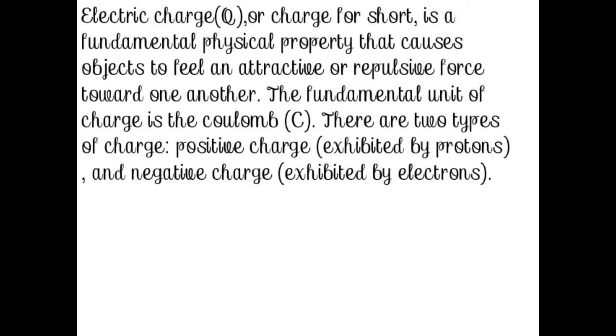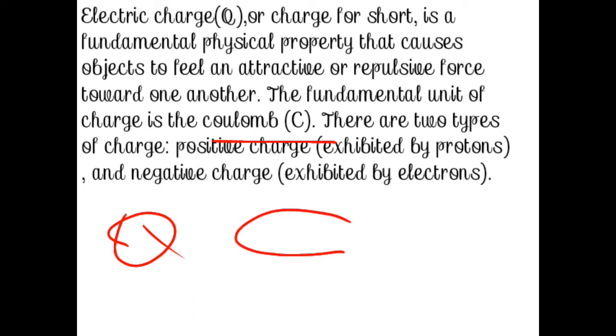Charge can be abbreviated with a capital Q, and charge is measured in coulombs, abbreviated as capital C. There are two types of charges. We have positive charge, exhibited by protons, and negative charge exhibited by electrons. If you remember well, in my preamble I said current electricity is the movement of electrons.